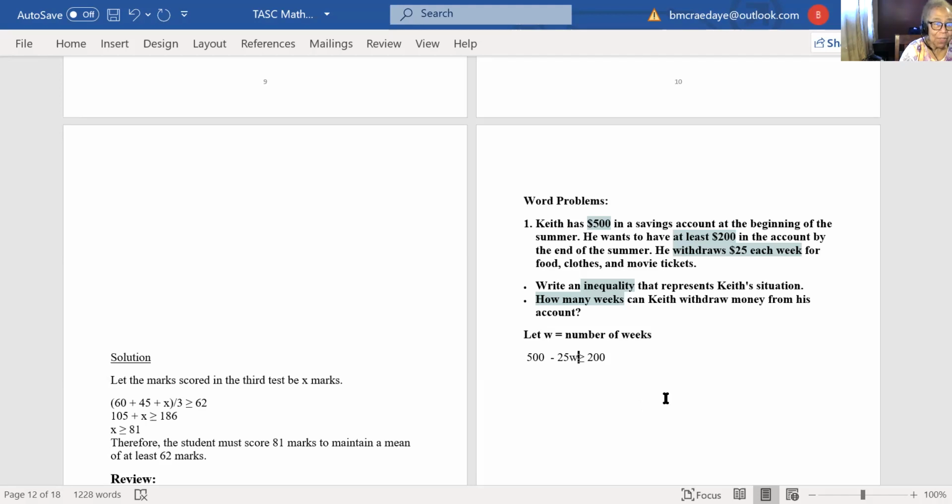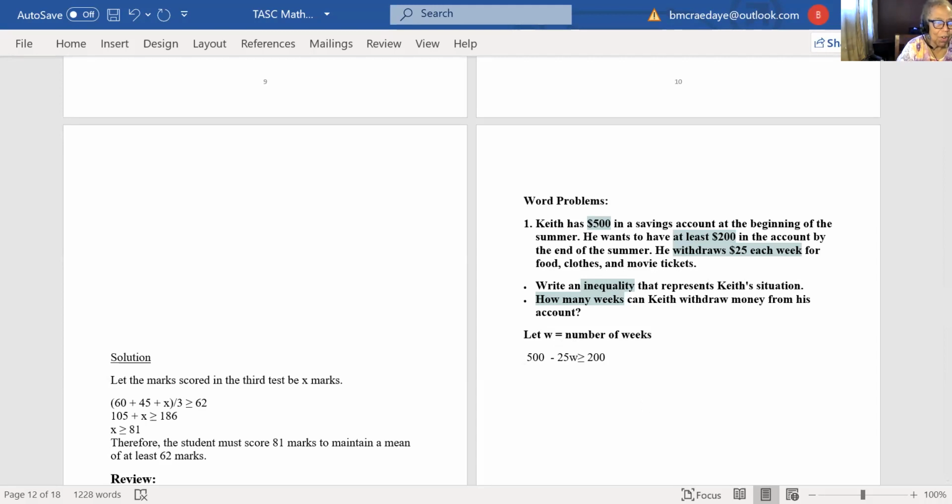We want to solve for W because it says how many weeks can Keith withdraw money from his account? So we've written our inequality. Now we want to find how many weeks Keith can withdraw money, which means we want to calculate W. So what's your first step, Vanessa? Just remember, it's just like an equation. Whatever you do for an equation, you do for an inequality.